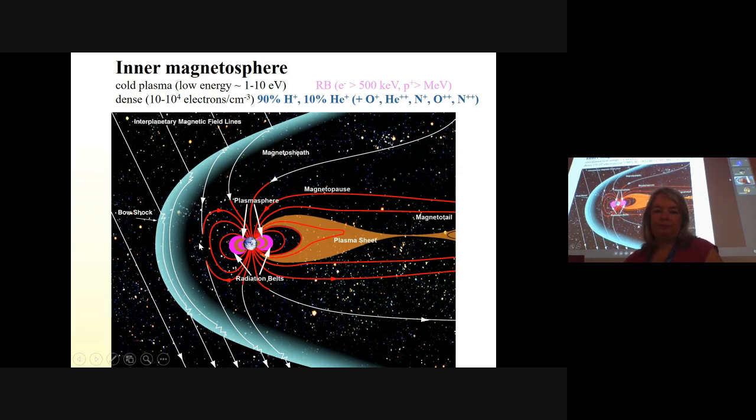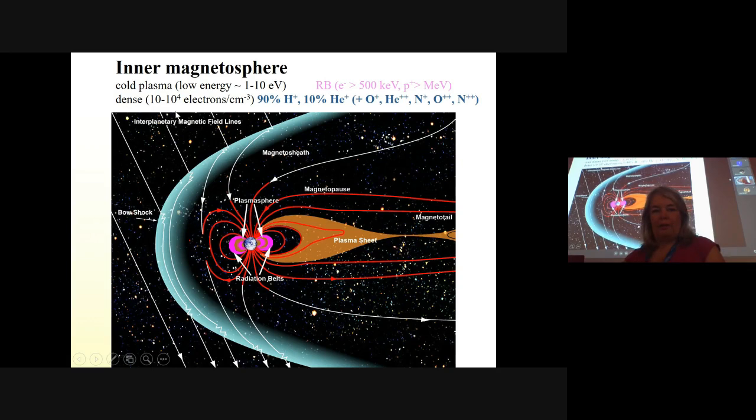And there are different particles that are trapped in this magnetic field, especially these cold particles in the plasmasphere coming from the ionosphere. These particles have energy typically between 1 and 10 electron volts.